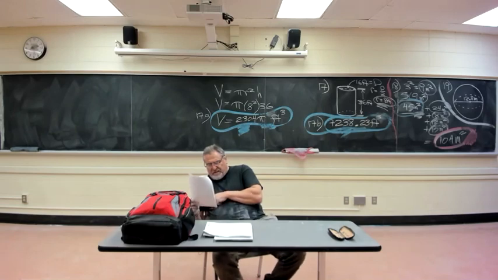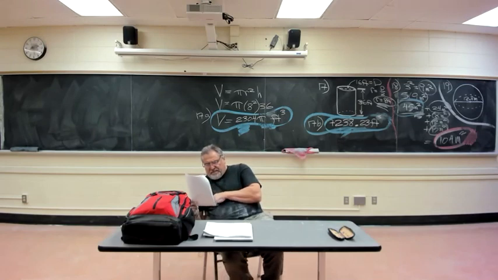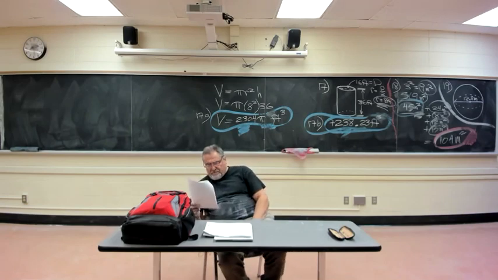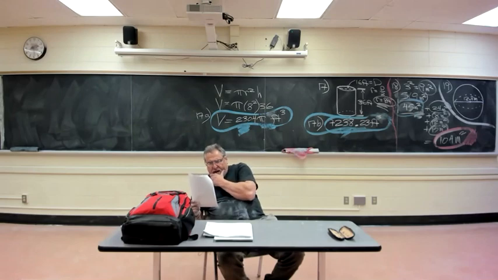So 36 and 15 is 51. Plus another 15. That's 76. 84.